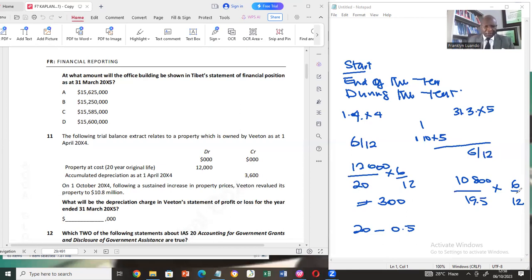So we have 10,800 divided by 19.5, multiplied by 6/12. There is 277.